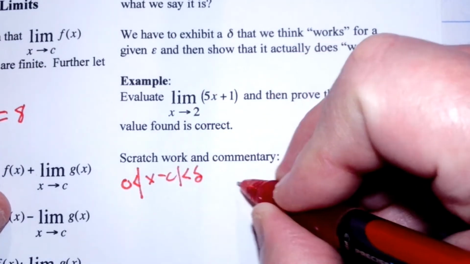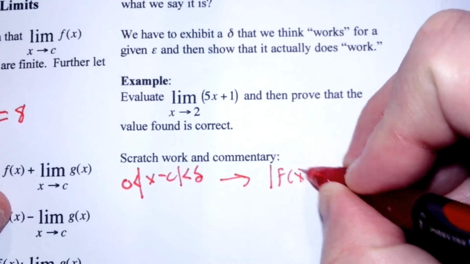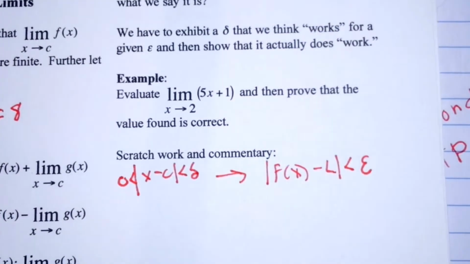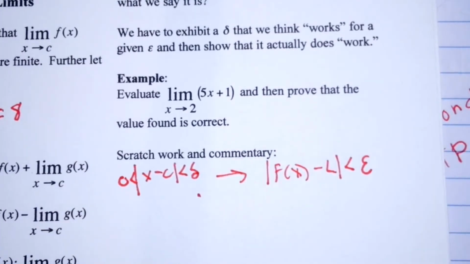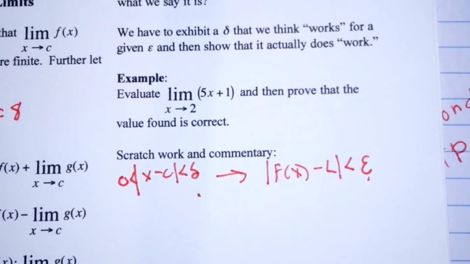So we'll start here and then wind up with the absolute value of f of x minus L is less than epsilon. And that has to be true for every epsilon. Alright, so that is how we are going to structure our proof. We're going to start with this statement, and then we're going to come up with a logical series of steps that leads inevitably to this statement.